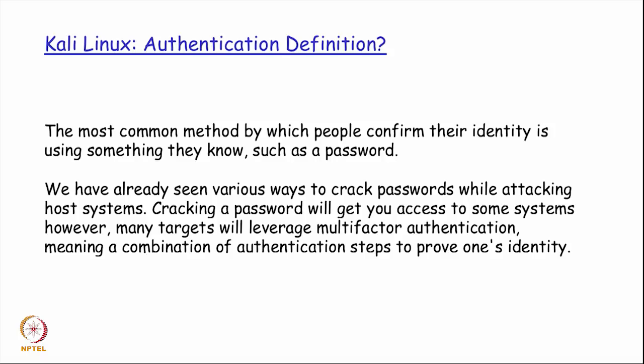Most of the time we will find that there are requirements where I need to make use of more than one factor of authentication together before I get a successful entry into that particular system, right.